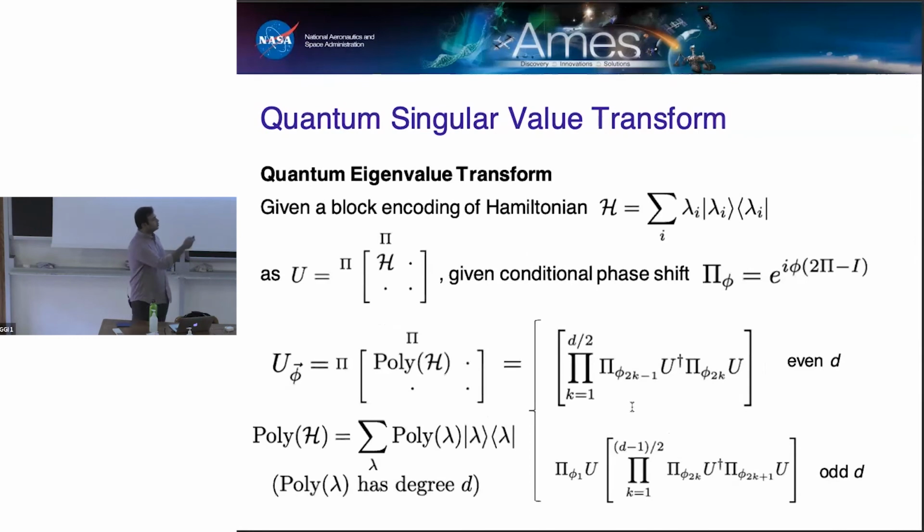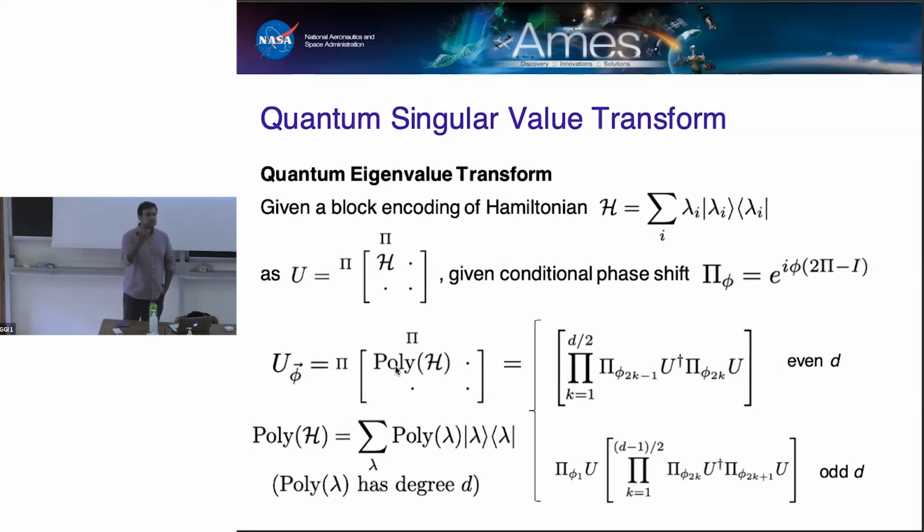We also have this theorem, which you could call the quantum eigenvalue transform, which says that if you're given a block encoding of some Hamiltonian inside a unitary operation, which looks like this, and if you're given access to a conditional phase shift operation, which is basically the exponential of some reflection operator, then you can again compose a sequence of unitaries such that that unitary realizes a block encoding of some polynomial function of that Hamiltonian.